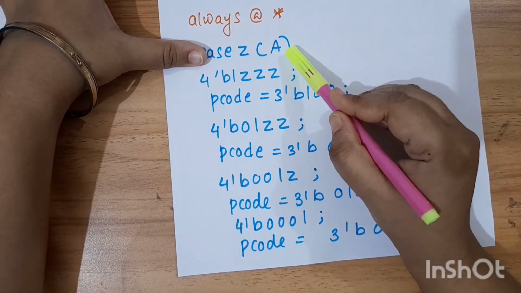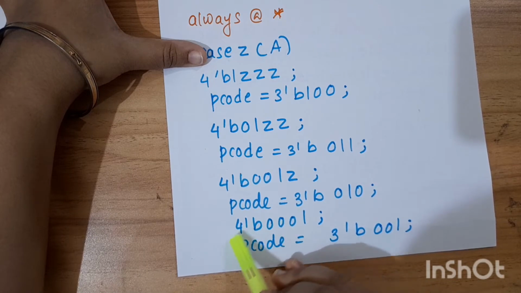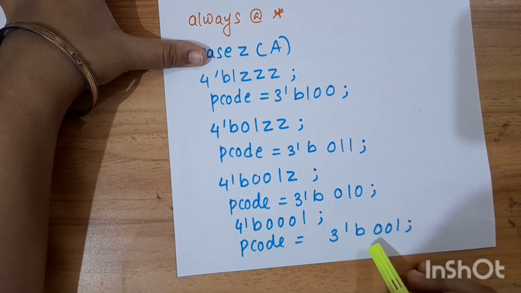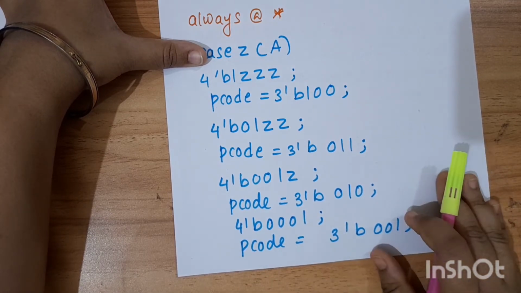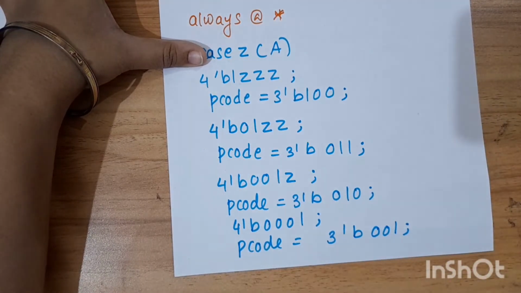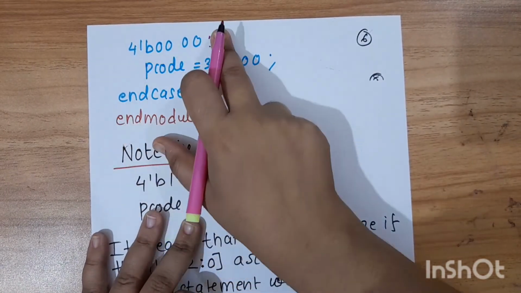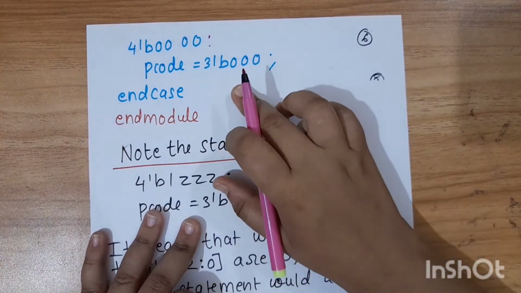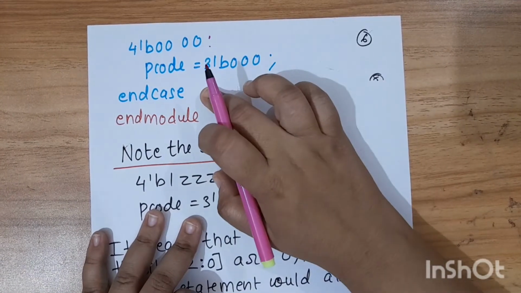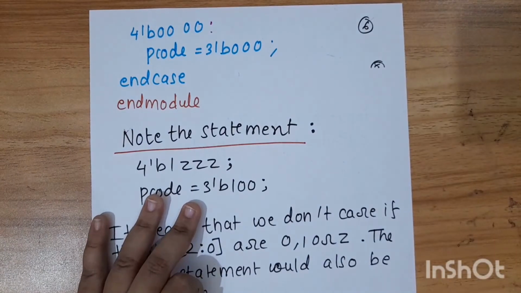When the expression A has 4'b0001, Pcode will have the value 3'b001. So from the truth table I have written the casez statement. Now when A is 4'b0000, then Pcode would be 3'b000. End case for the case statement and endmodule for the module.